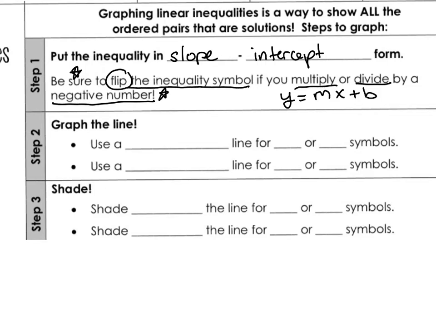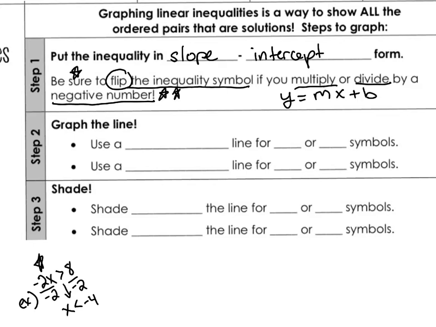For example, if we have negative 2x is greater than 8, and we divide by negative 2 to solve for x, we need to flip the sign so it becomes x is less than negative 4. See how the sign's flipped? So if you multiply or divide by a negative number, you need to flip the inequality.